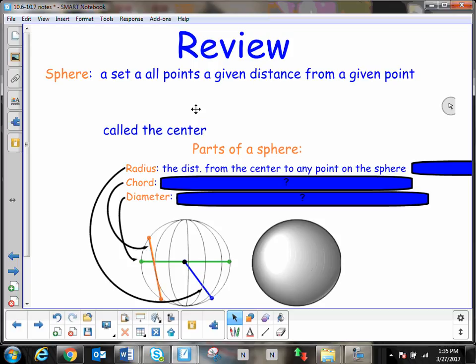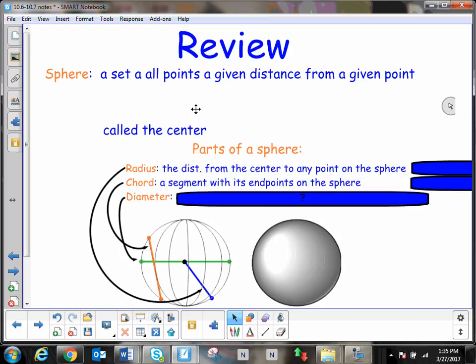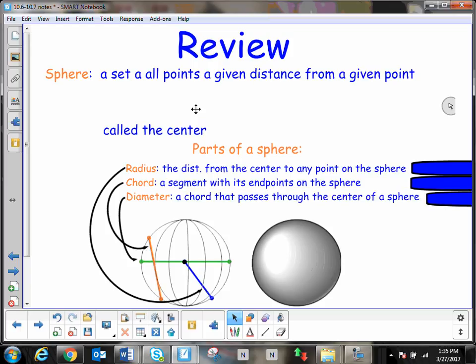There's also a chord that can be inside the sphere. That's a segment with both endpoints on the sphere. And then the diameter is also in a sphere, and it's basically a chord, but it has to go through the center. So it's very similar to the circle, just think 3D now.